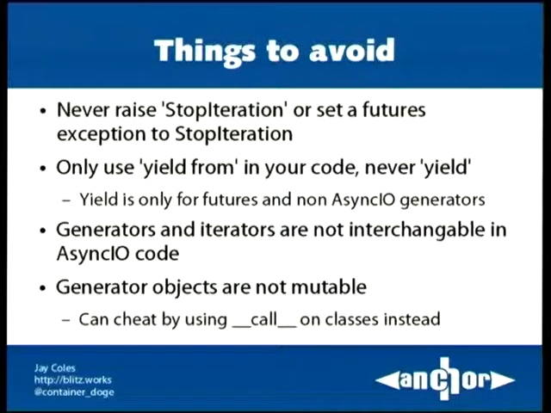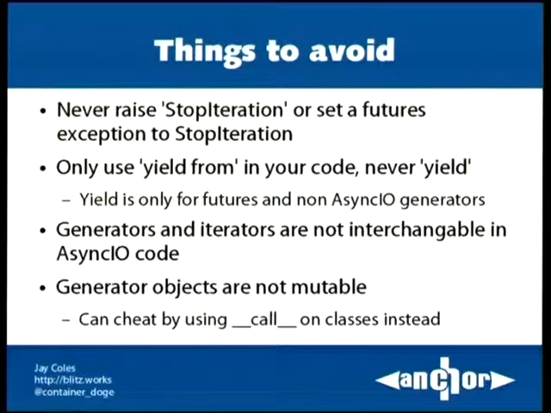Almost consider never raising stop iteration from any of your programs unless it's a standard generator. If you're blocking on it with yield from, it's just going to cause issues. So consider it a reserved keyword or something like that, and only for AsyncIO's use. The other one is that you never actually want to be using yield in your code, always yield from.